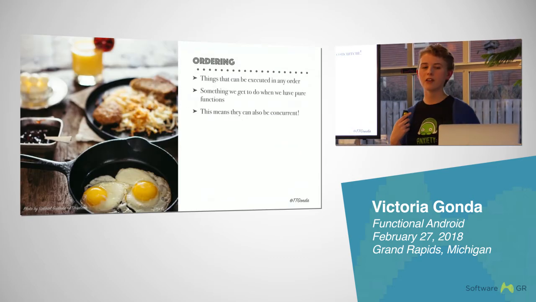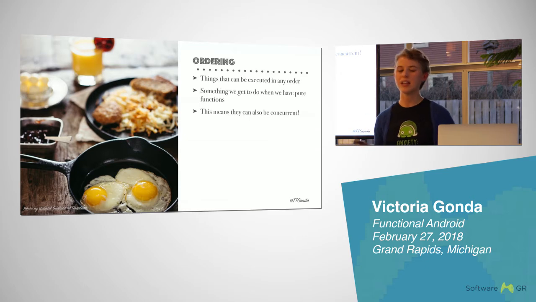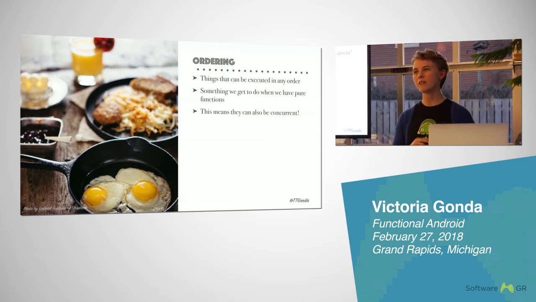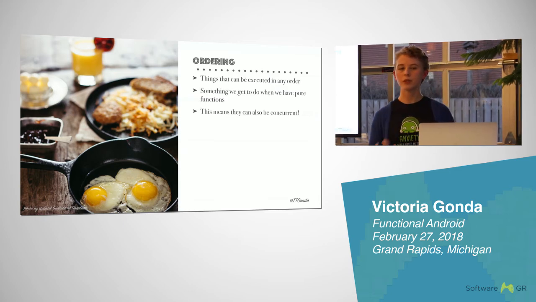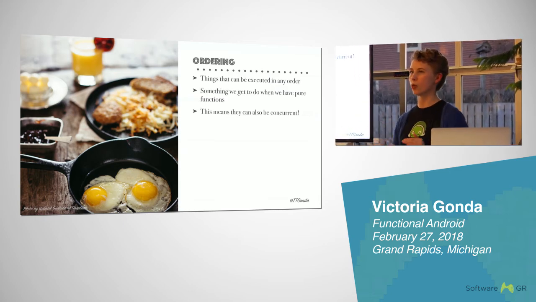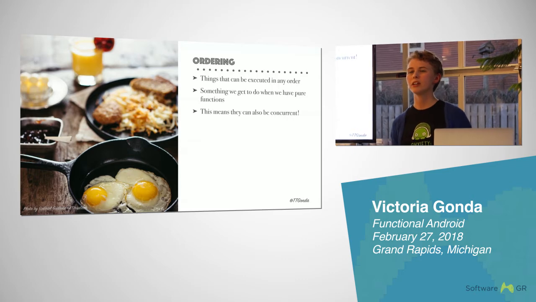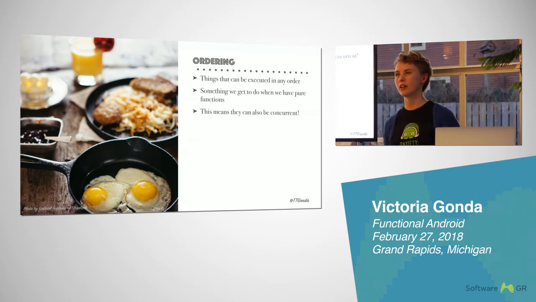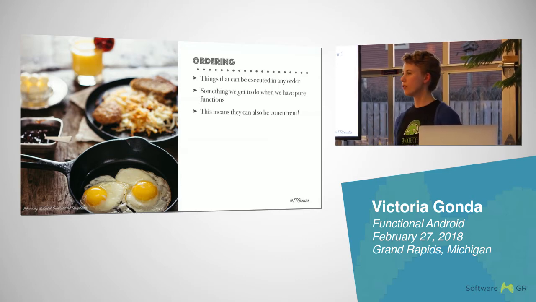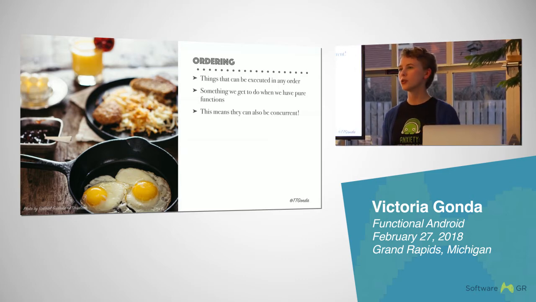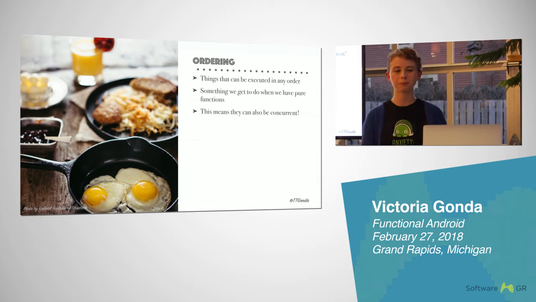When we have pure functions that only depend on input and don't change the state of the world, order stops mattering. Pure functions can be executed in any order, assuming the input of one or the output of one isn't the input of another. If you don't have to worry about the order of things, you could also do them, say, at the same time.